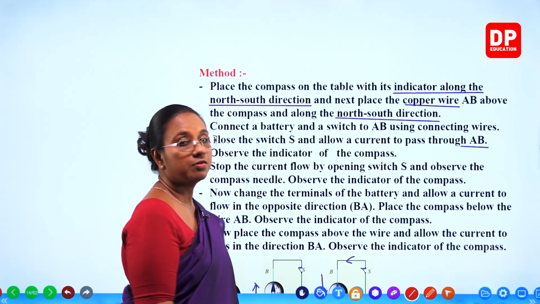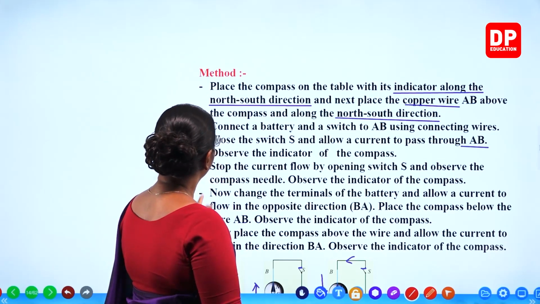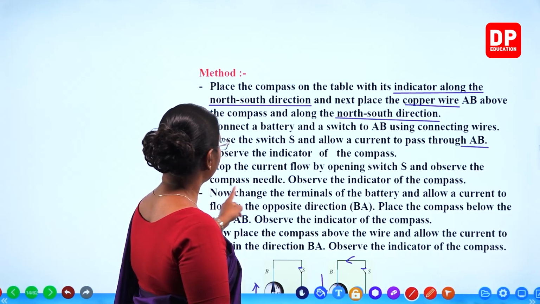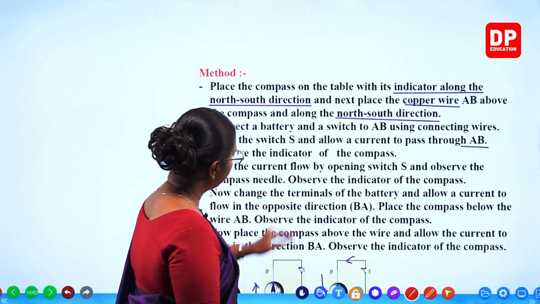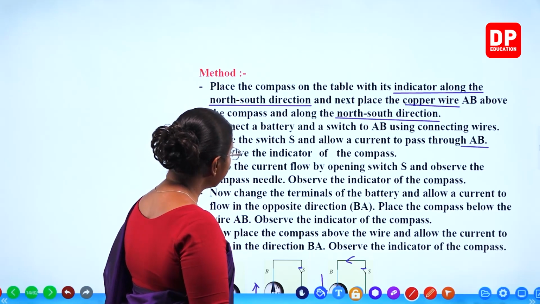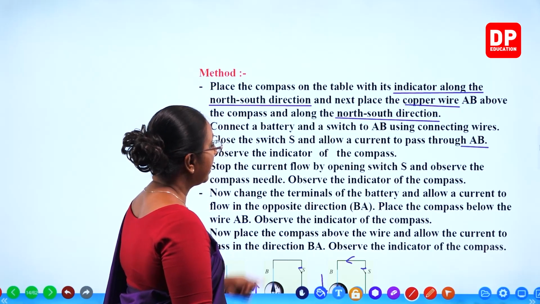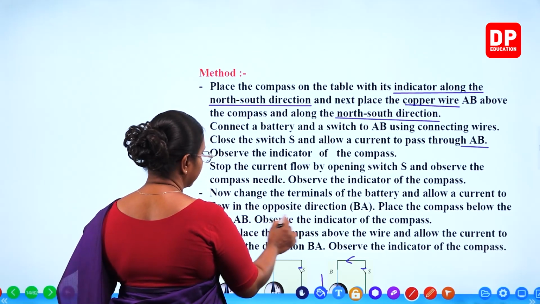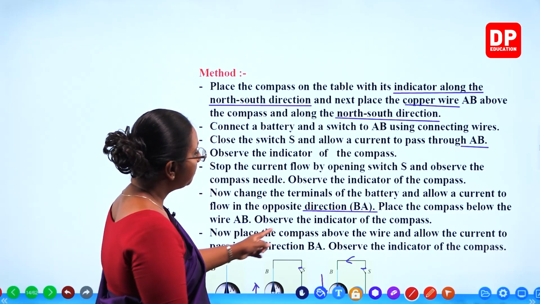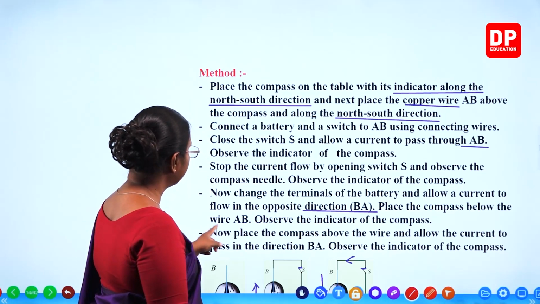Observe the indicator of the compass. Stop the current flow by opening switch S and observe the compass needle. Again, observe the indicator of the compass. Now change the terminals of the battery and allow a current to flow in the opposite direction BA. Place the compass below the wire AB.